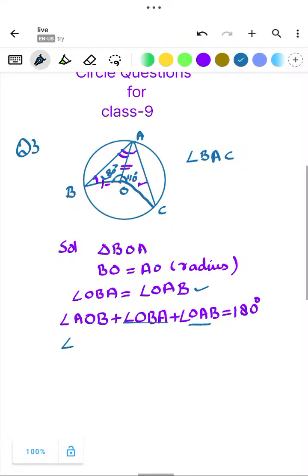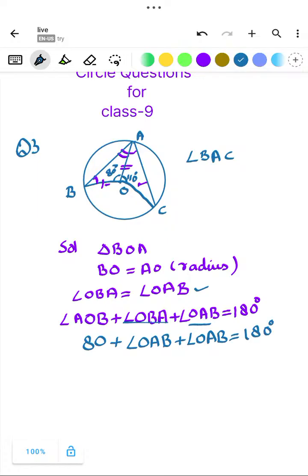So 80 plus angle OBA can be written as angle OAB plus angle OAB is equal to 180 degree, or twice of angle OAB is equal to 180 minus 80.